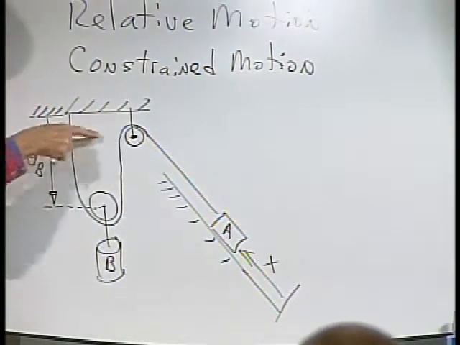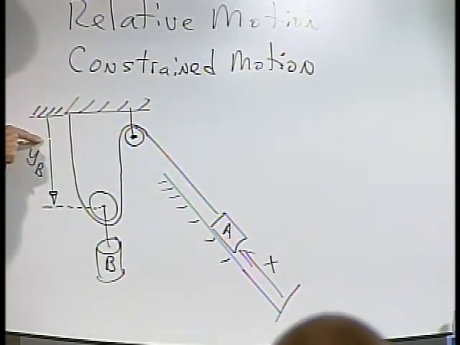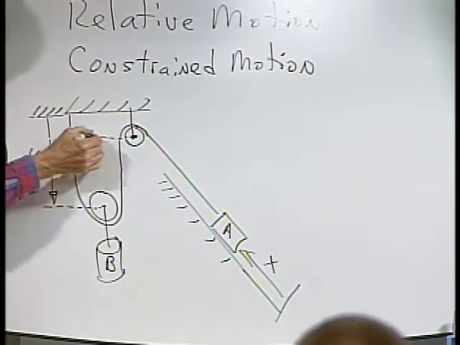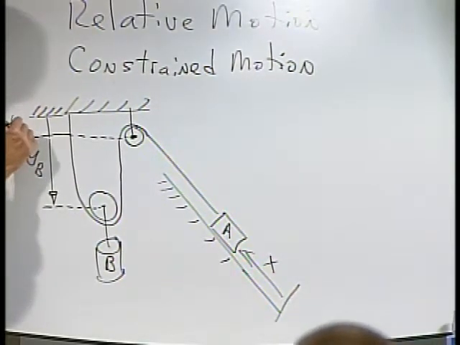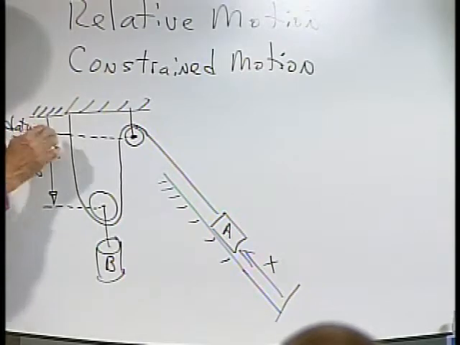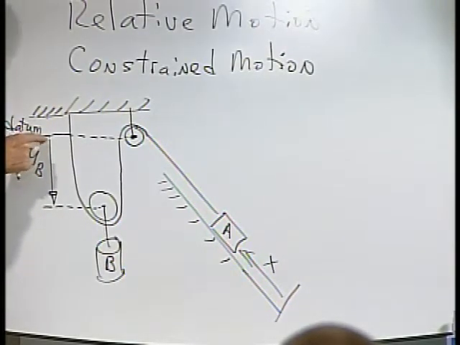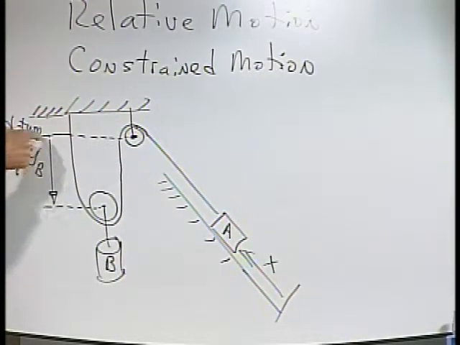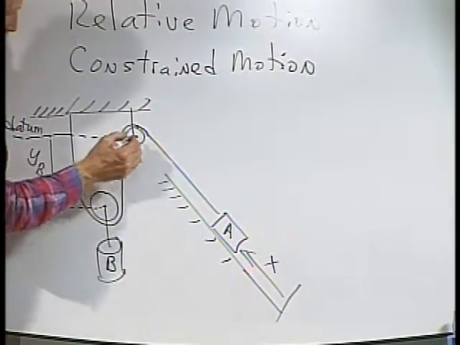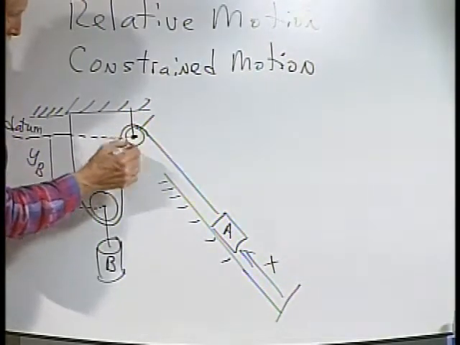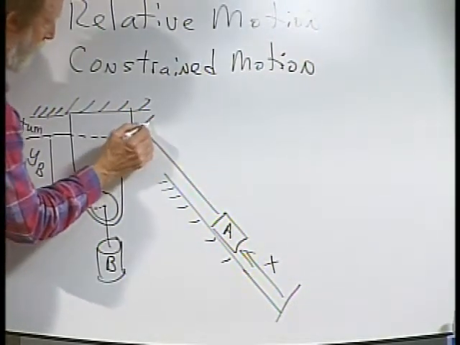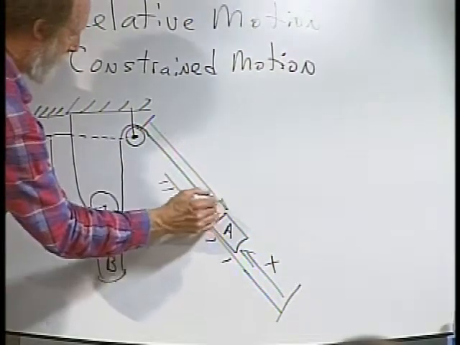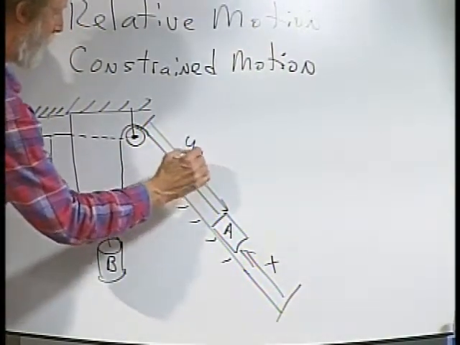Does that make any difference if I call that my datum, where that pulley is fixed, and call that distance y sub b? Does it seem reasonable? Okay. And then we can come over here and look at this, and we have some length of cable here. We could call that y sub a.